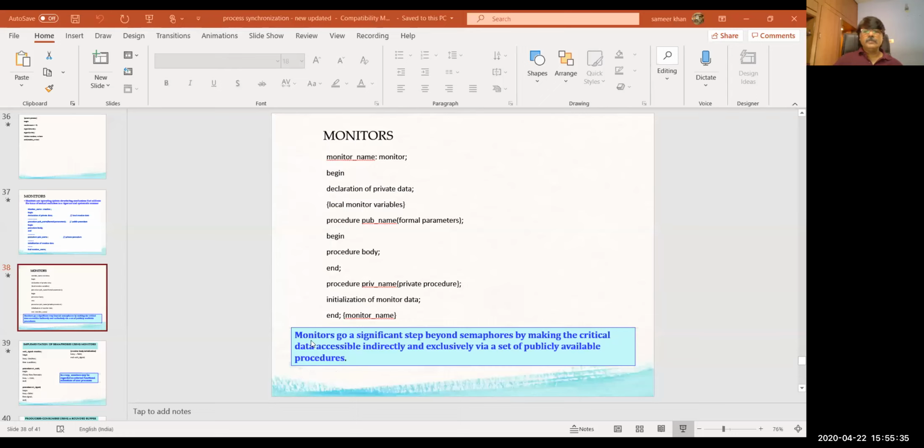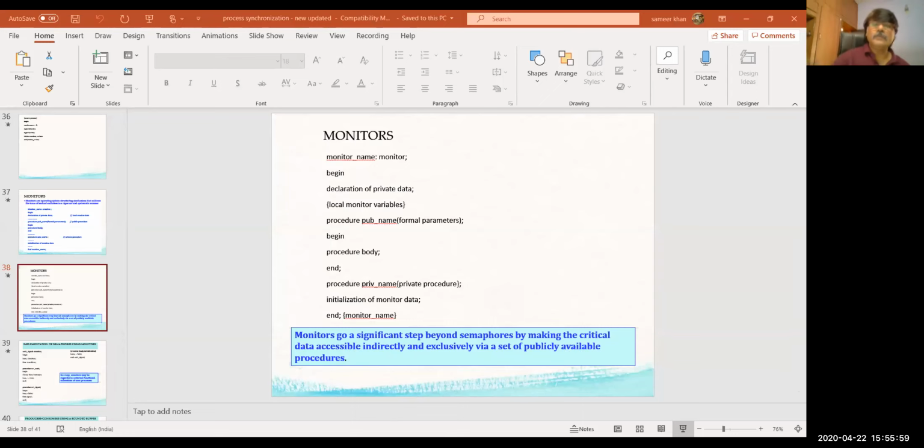I have mentioned in the bottom note that monitors go a significant step beyond semaphores. In what way? By making the critical data accessible indirectly and exclusively via a set of publicly available procedures. So that's the meaning of it.